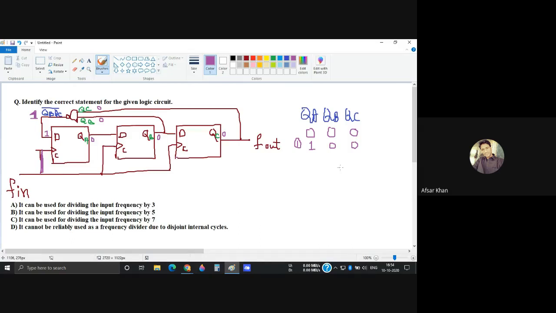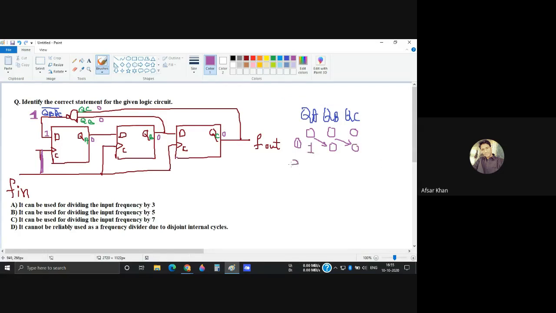Means at the first stage, this 0 is propagating here, this 0 is propagating here, and QA becomes 1. The 0s go to the NAND gate, so the output becomes 1. Very good.